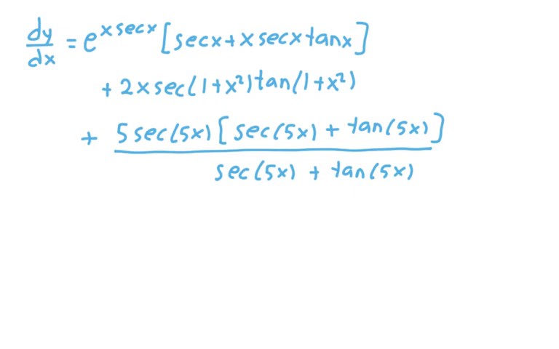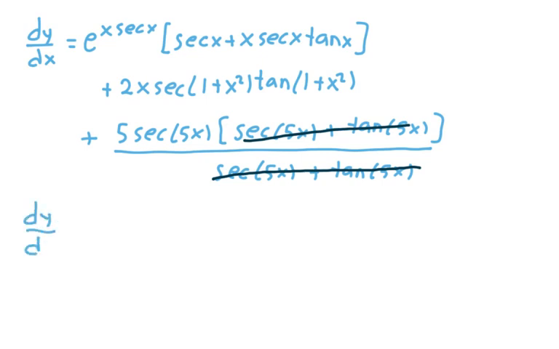So if you notice, this secant of 5x plus tangent of 5x in the numerator cancels that secant of 5x plus tangent of 5x in the denominator. And so I would want to see that, okay?